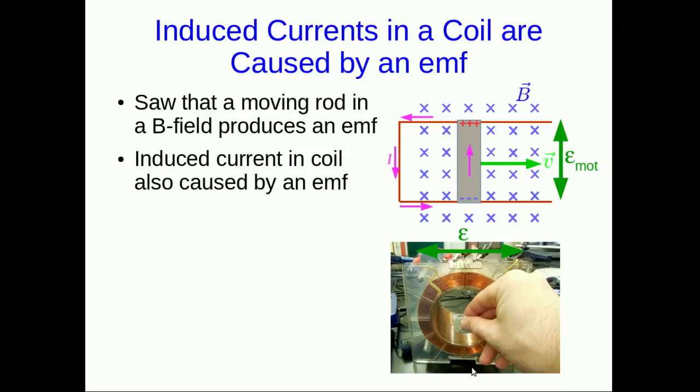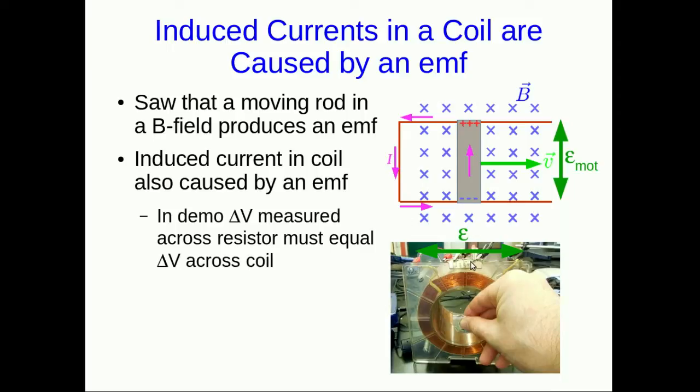Well, in fact, we saw the same thing in the coil in the wire, in the coil with the magnet moving in and out. And let's think about that. There was a resistor up here, and we were actually measuring the voltage across the resistor. But the only thing in the circuit was the resistor and the coil. So Kirchhoff's loop law tells us that the voltage drop across the resistor must have been equal to a voltage rise across the coil.